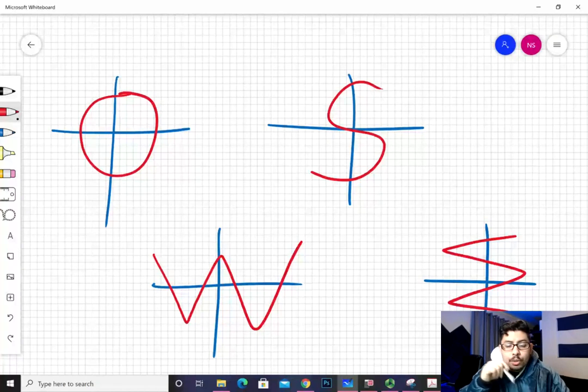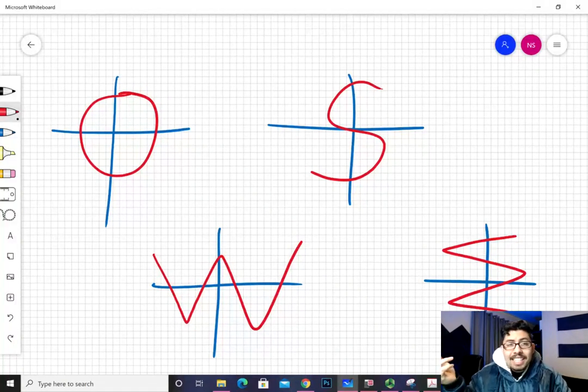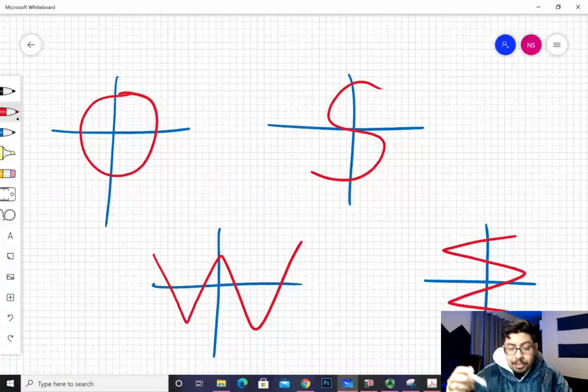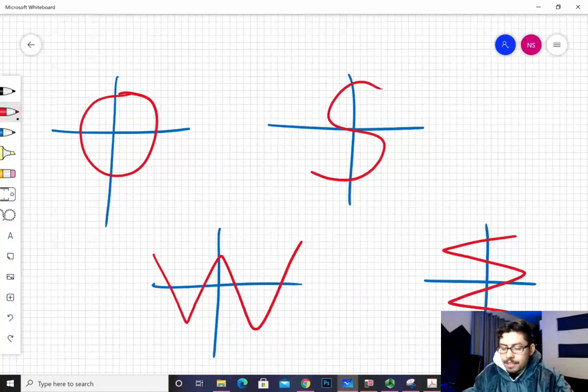If I were to ask you what each of the lines on the graphs are, you would have to say, oh, this looks like a circle, this looks like an S, this looks like a W, this looks like zigzag patterns. But instead of saying all that, we could just say each of those are functions, right? Or I should say trying to be a function. That's what saves a little bit of time.